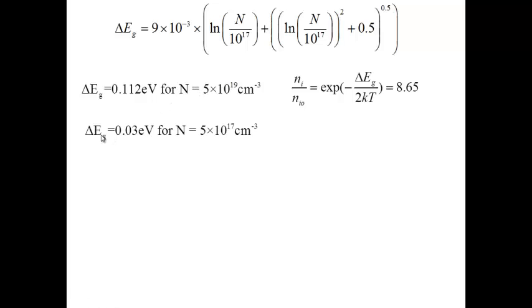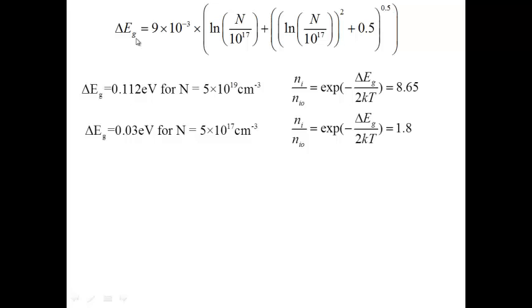Similarly, if I calculate in the base, I have a moderate doping of 5 times 10^17. If I calculate, I get a delta Eg of only 30 milli electron volt. And Ni in the base is also higher, but not by much, it's 1.8. This is what I was telling you, that Ni in the emitter is different from Ni in the base. Why? Because the dopings are different, and the doping causes band gap narrowing.